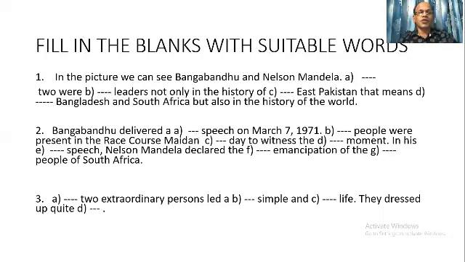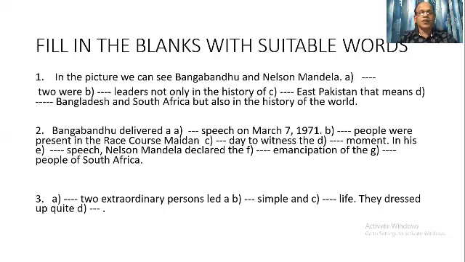In the picture, we can see Bangabandhu and Nelson Mandela. Blank two were blank leaders not only in the history of blank East Pakistan, that means blank Bangladesh and South Africa, but also in the history of the world. Can you fill the gaps with four words? I'm sure you can fill.